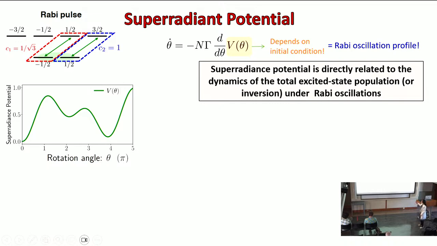But the interesting part is that this determines how the superradiant process is going to happen. So in this case of this superradiant potential for this characteristic structure, we see that if the slope of the potential is negative, then the atoms are going to move to the right, and they are going to go down up to a point where the derivative of this potential vanishes, and they're going to be stuck there.